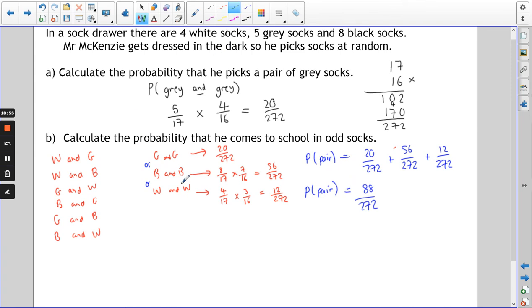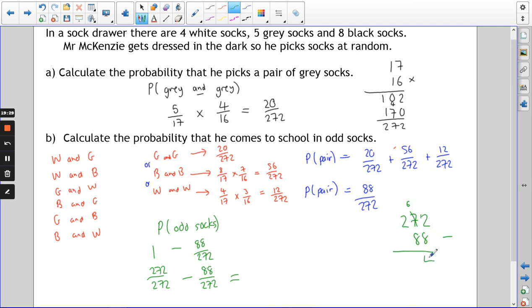So how does that help? So the probability of coming to school in odd socks is the missing probability. So from 1, take away 88 out of 272, or 272 out of 272, take away 88 out of 272. And that is, so let's do a bit of taking away over here. 272, take away 88, we have to borrow, aren't we?